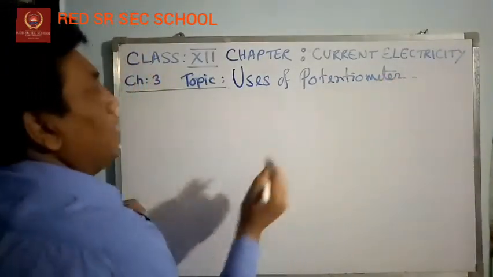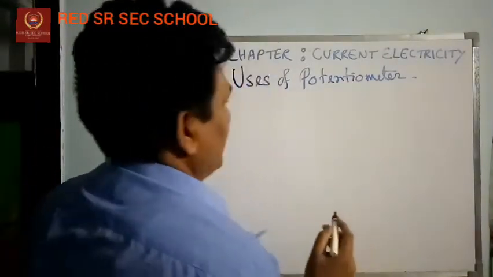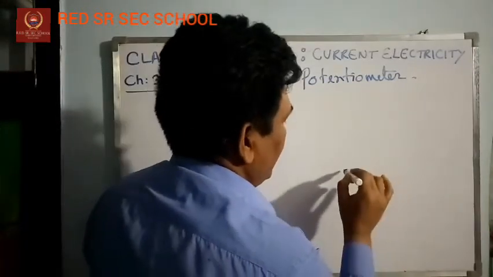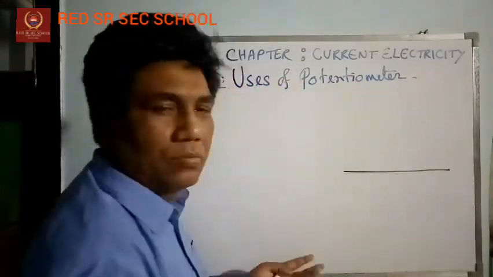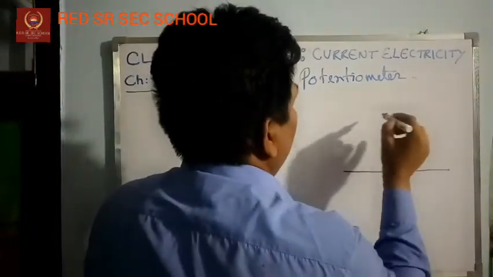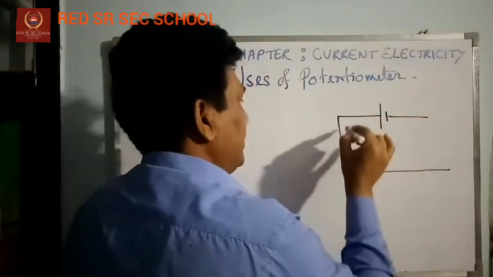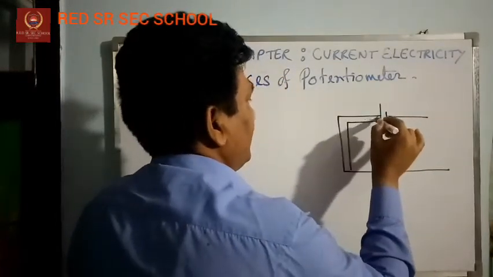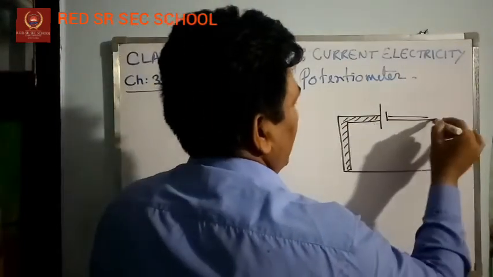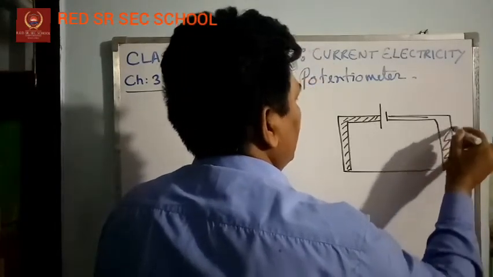What is a potentiometer? First, we need to understand what a potentiometer is. I have already discussed it. It is simply a wire about 4, 5, 6 meters long. This is a driving cell, and these are metallic strips, so the resistance is 0.